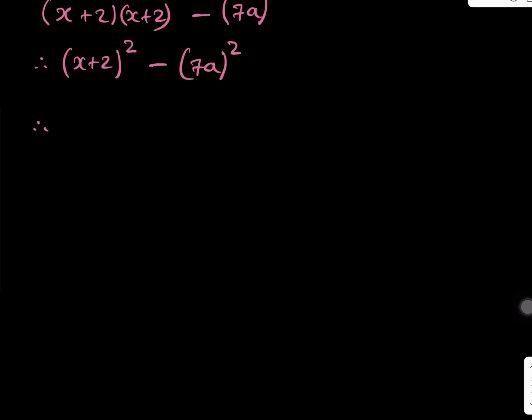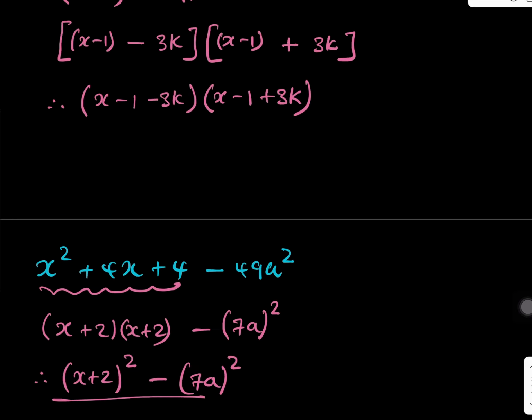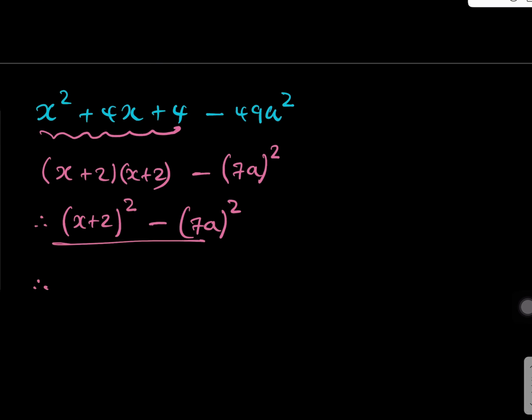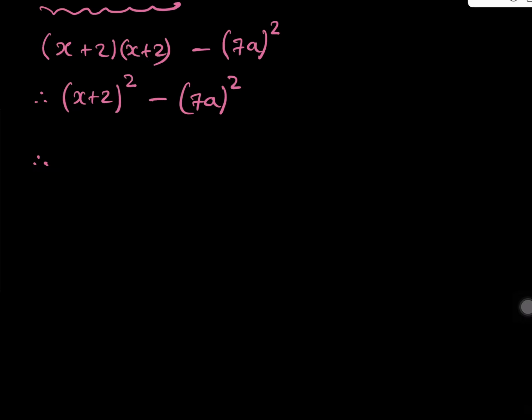Guys, pay attention, this is similar to what we had previously. So I'm just going to apply that same logic to say that we have (x plus 2 minus 7a) into (x plus 2 plus 7a). That's how you will factorize this.